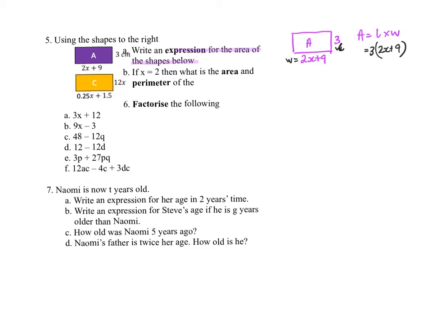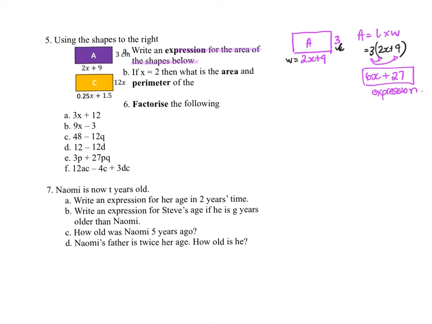Okay, now it says just write an expression, so I don't really need the equal sign, and I might expand it out to write the expression. So I'd do 3 times 2x, which would be 6x, plus 3 times 9, which is 27. Okay, so this part is an expression for the area. We would rub out that equal sign.